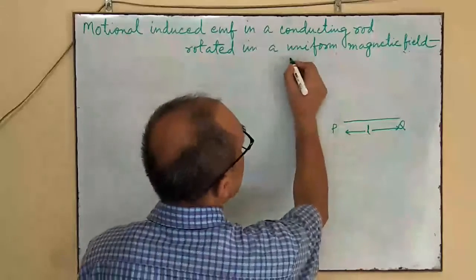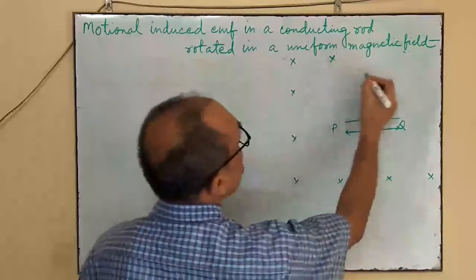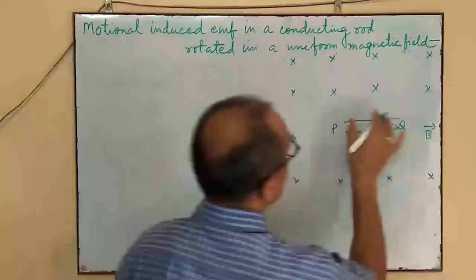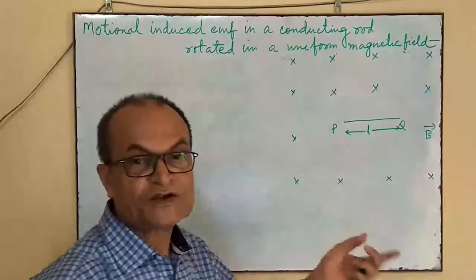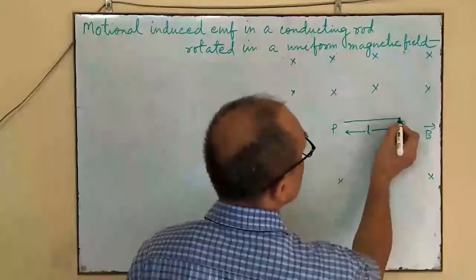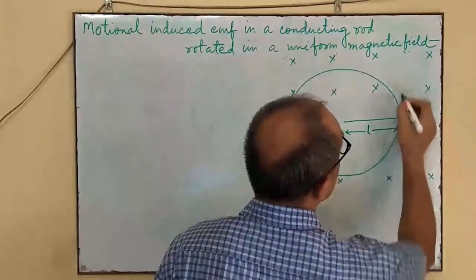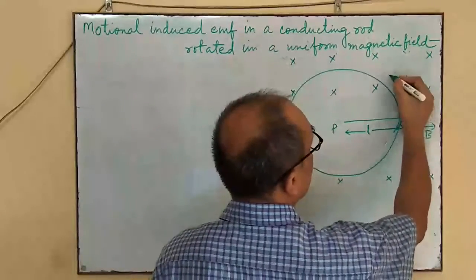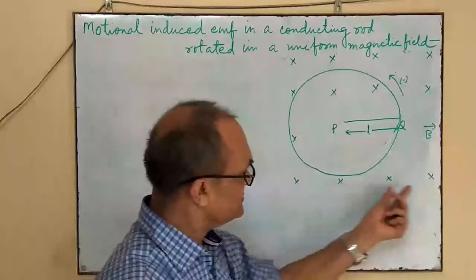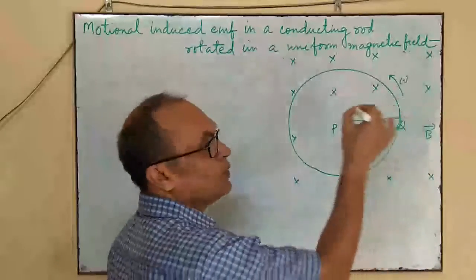It is kept here in a uniform magnetic field whose strength is B. Now it is rotated in this direction with angular velocity omega, and the magnetic field, as shown here by the cross, means the magnetic field is perpendicular into the board.